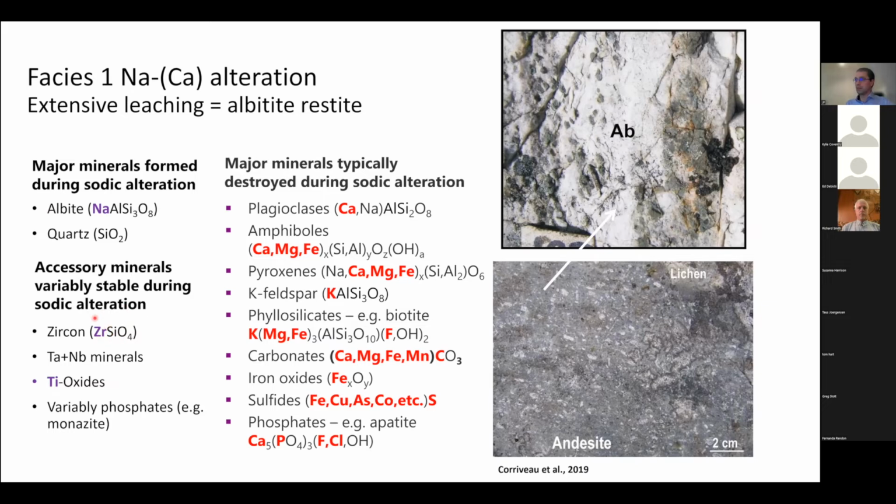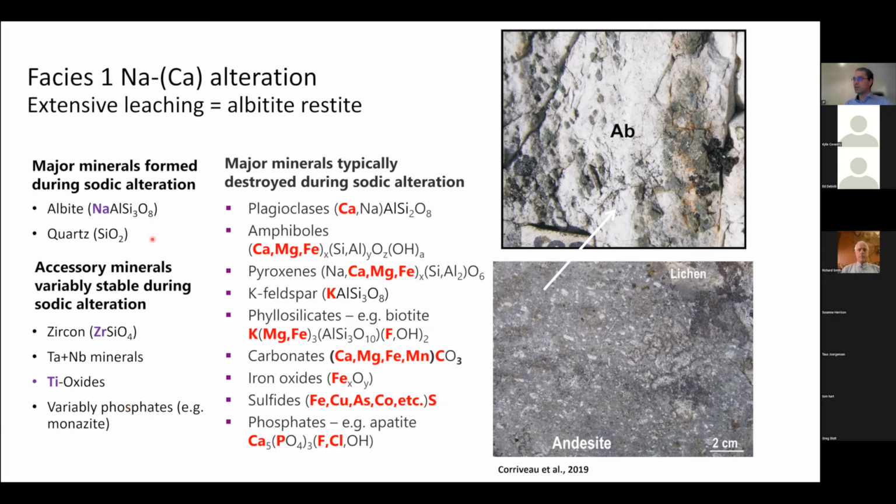Elements like zircon can remain immobile, being relatively enriched by the depletion of everything else. Same with other high field strength elements like tantalum and niobium. Sometimes titanium can stay behind. Sometimes phosphate as well can relatively stay behind.